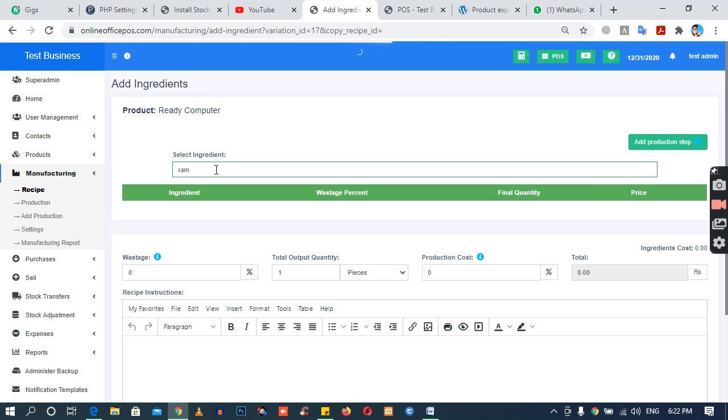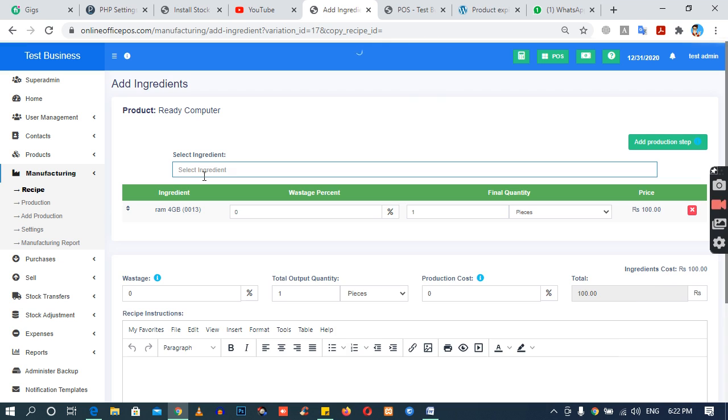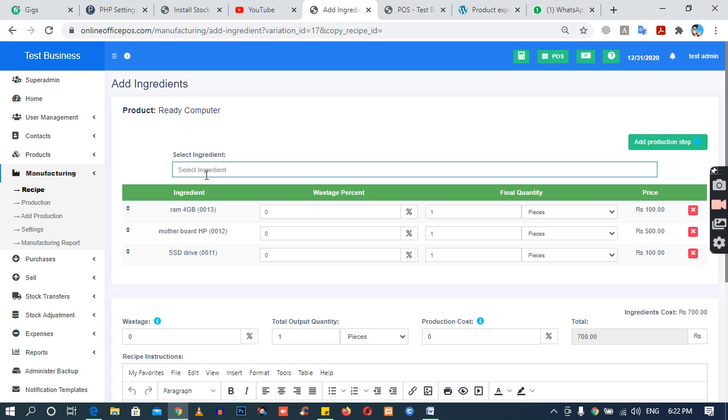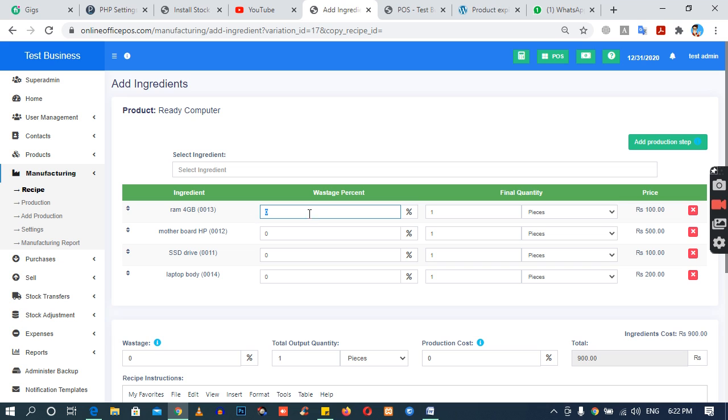The ingredient is RAM, 4 GB RAM, and the other product is motherboard, and the other product is SSD drive, and the one more product is body, I think, laptop body. Okay, I am creating a lot of 20 laptops.